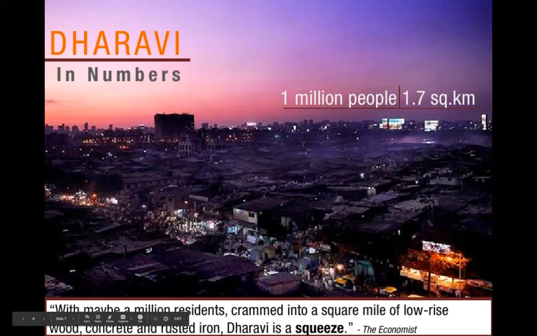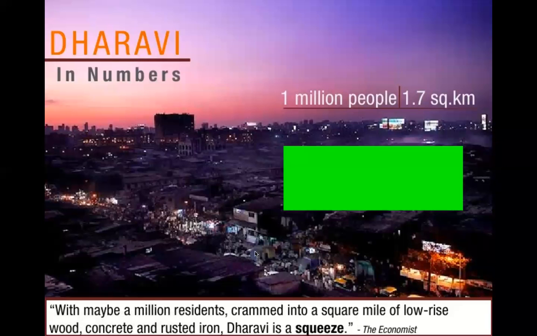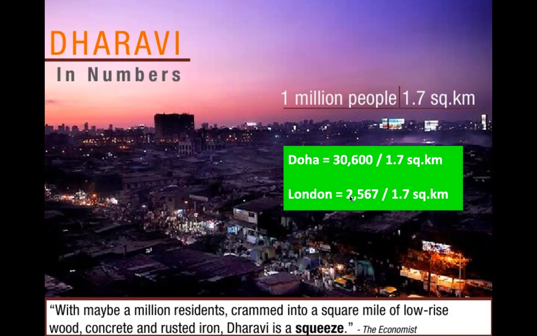To give you an idea of what this means about the density, how packed and tight this is: Doha has a population density of 30,600 people for every 1.7 square kilometers. London has a population density of 2,567 per 1.7 square kilometers.